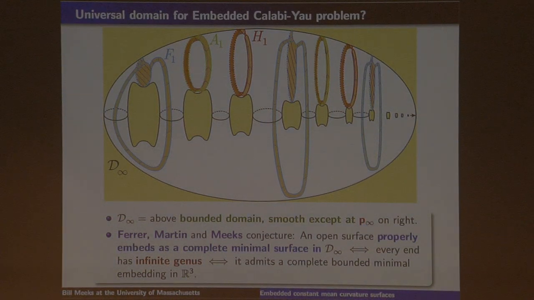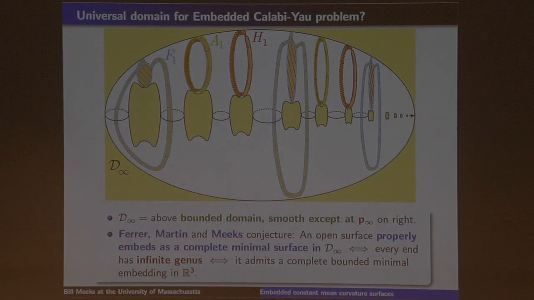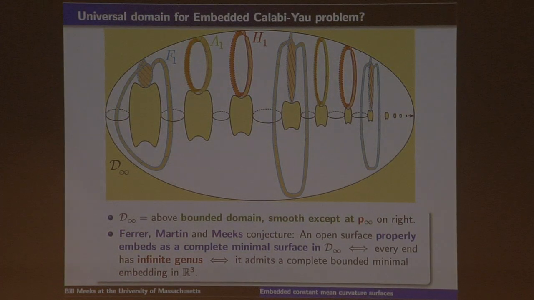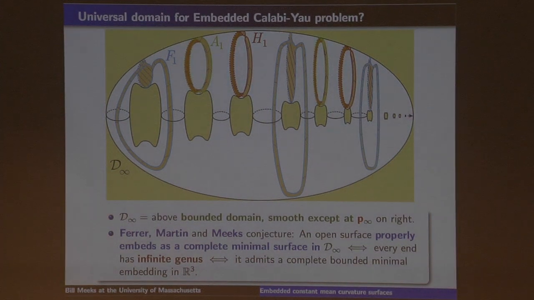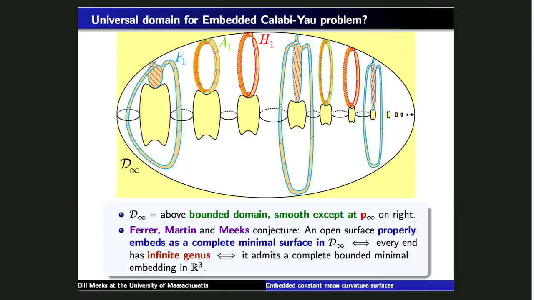It's this domain. Then I claim this domain has an amazing property. Take any open surface, say connected, just to make it easier to understand, an open connected surface, and suppose that every end has infinite genus. Okay? Like a triply periodic minimal surface has one end, infinite genus. That would work.